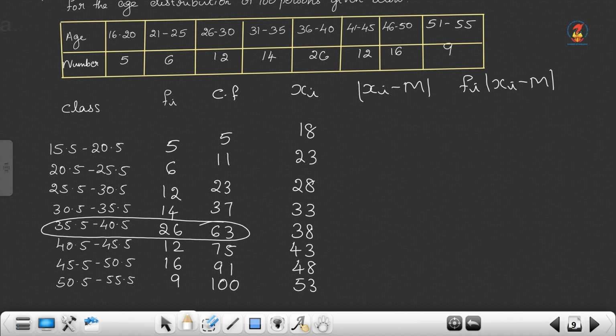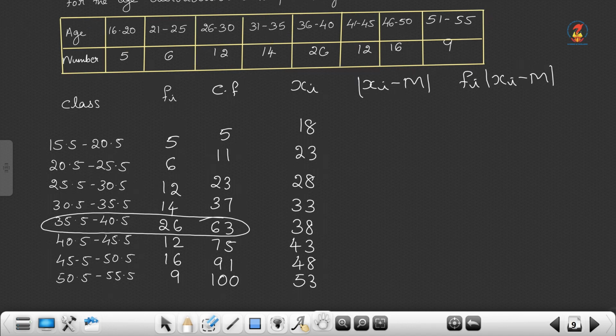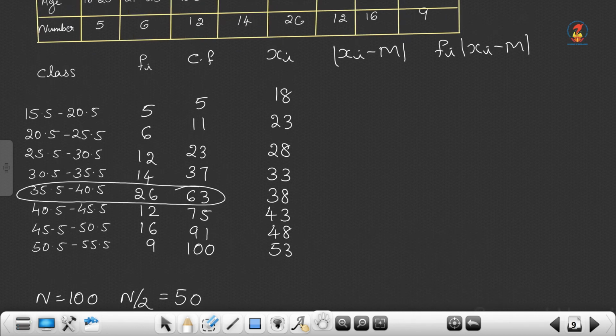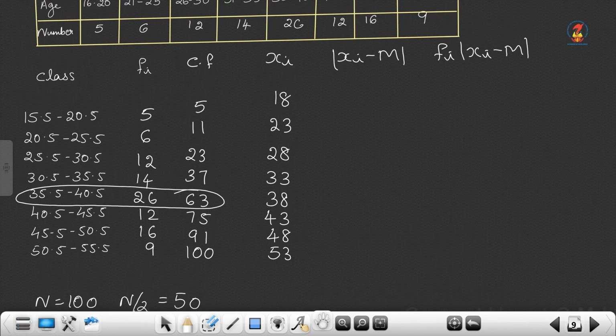Now xi minus m. M is 38, this is the median. Now subtract 38 and 18. What is the difference? 20. Absolute value, so 20. Here it is 15, 10, 5, 38 minus 38, 0.